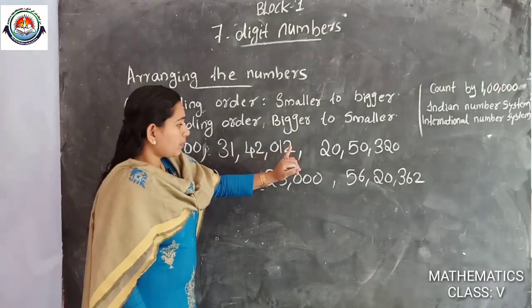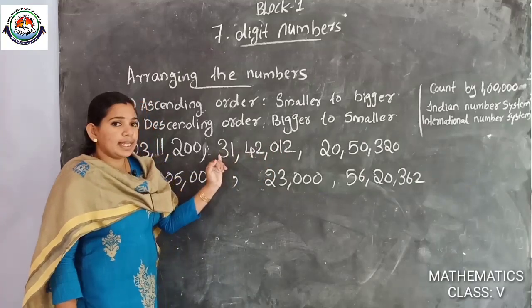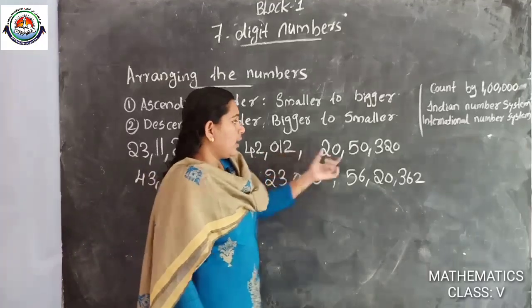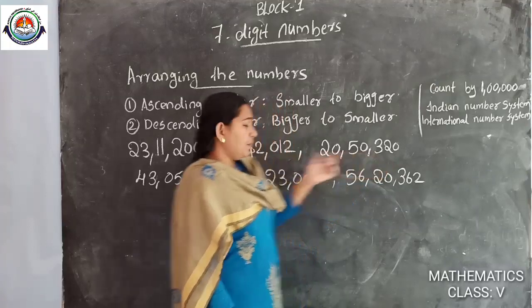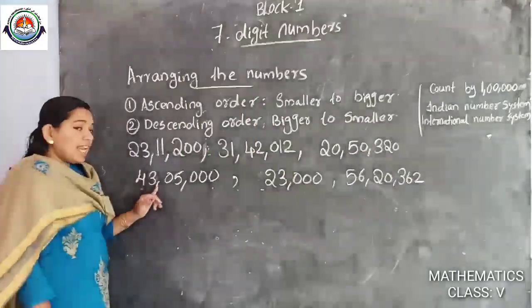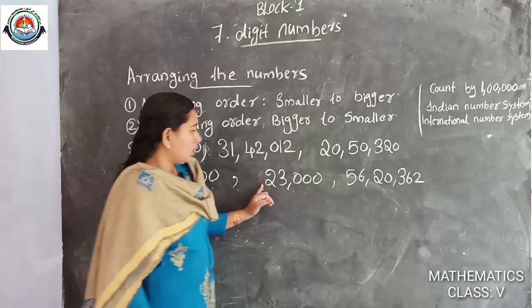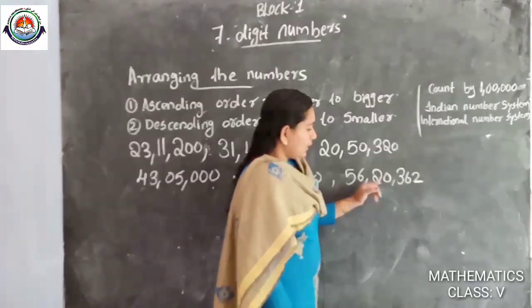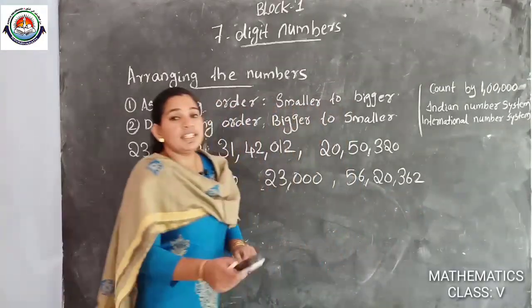Here also ones, tens, hundreds, thousands, ten thousands, lakh, ten lakh: 31 lakh 42,012. Here 20 lakh 50,320. Then 43 lakh 5,000. Then 56 lakh 23,000. Then 20,362.